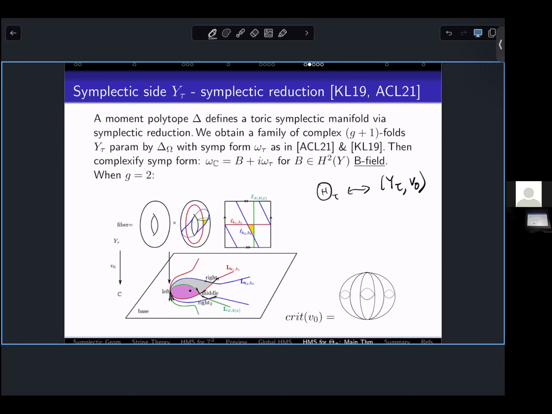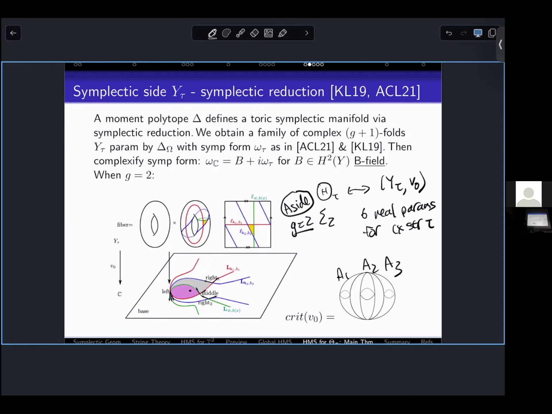How do you use the B field? The B field is used to, so here, when G equals 2, we get the genus 2 curve. This has 6 real parameters for the complex structure of the tau, but this one only has 3. On the A side, where does the B field enter the calculation?